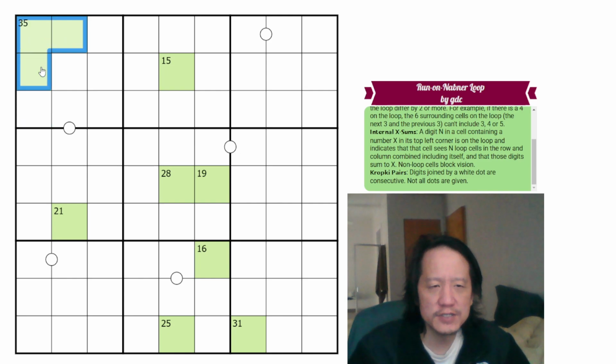So therefore, this has to go this way. We know this cannot be on the loop, because then it would be considered touching itself, and it cannot touch itself. So it has to go this way then, and it has to go this way.